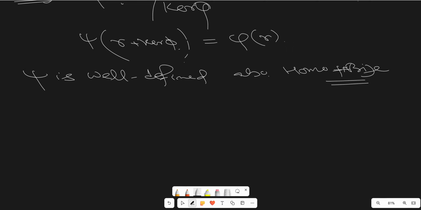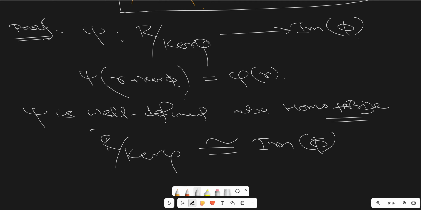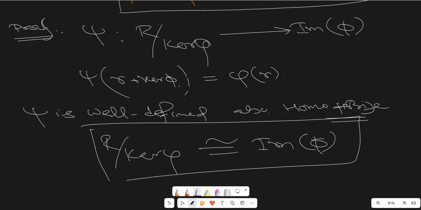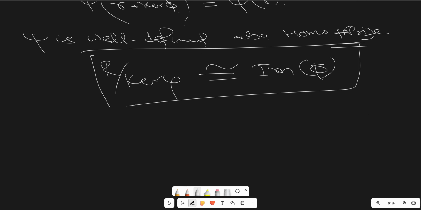This will prove that R mod kernel phi is isomorphic to the image of phi. This is called the first isomorphism theorem. Okay, the proof is very easy, you don't need to bother too much here. This is called the first isomorphism theorem, right? So the first isomorphism theorem is over.